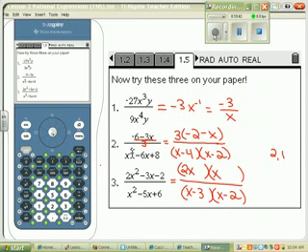Am I going to get this to cancel? No, because my factors don't involve 3. So I want the x minus 2 to cancel. So chances are this is x minus 2. So what's this piece have to be? Plus 1. What do we get to cancel? And I'm left with 2x plus 1 over x minus 3.